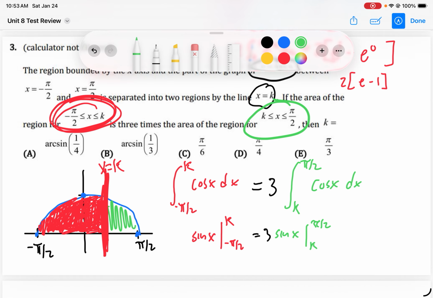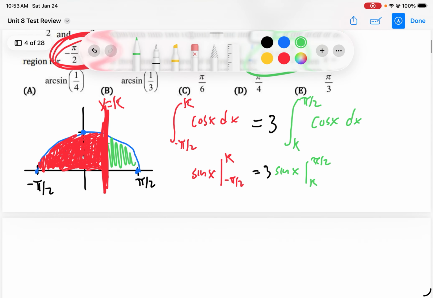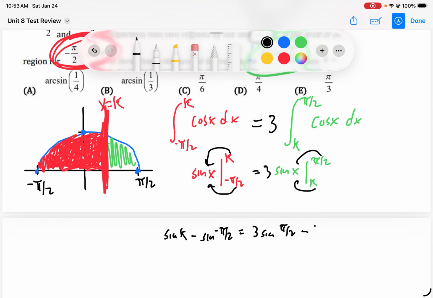So plug in k: sine of k minus sine of negative pi over 2 is equal to 3 times sine of pi over 2, plugging in pi over 2, then plugging in k and subtracting 3 sine of k. So now we can solve this for k.